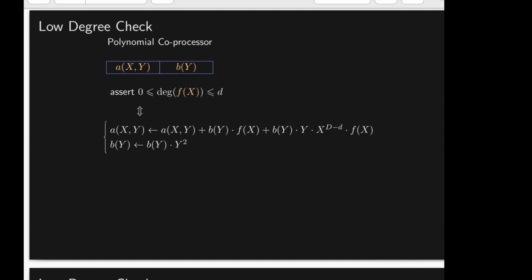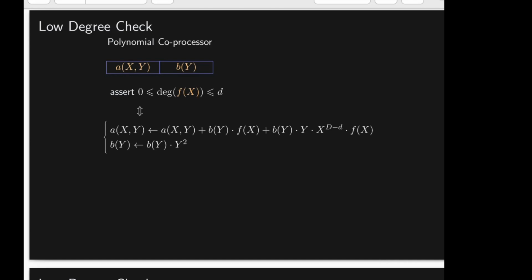And so we update these two registers whenever there is a degree check. We add one sum to the accumulator, and this sum is B of Y, where B tracks the kth power of Y, B of Y times F, and we also need to shift F. That gives us, so we check not that the degree is less than D, but is at most D. No, we check equality of degrees, not inequality of degrees.